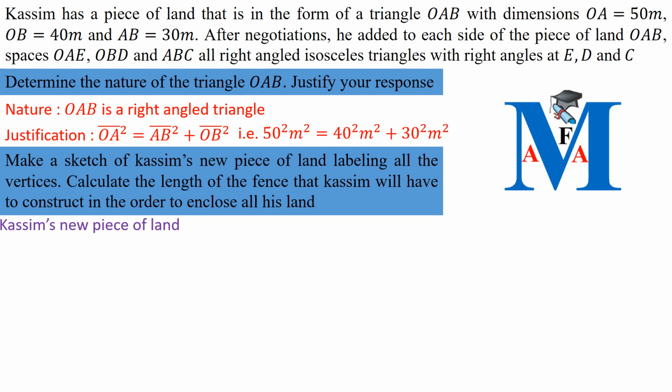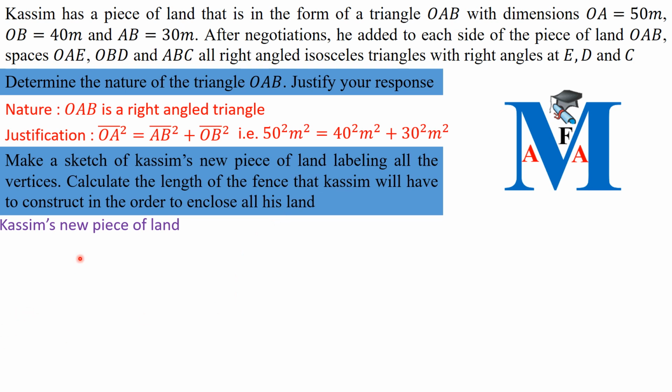This new piece of land came after negotiations, because the question told us that after negotiations, he added to each side of the original piece of land OAB the spaces OAE, OBD, and ABC. These spaces are all right-angled isosceles triangles with right angles at E, D and C. A right-angled isosceles triangle has a 90-degree angle and two equal sides. Right-angled for the 90-degree angle and isosceles for two equal sides.